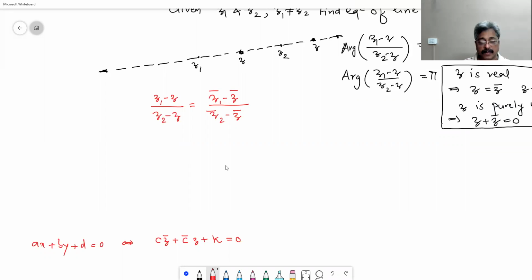If I really want to simplify this, let me do it a little wisely. I want the coefficient of z bar, then the coefficient of z, and then the remaining quantity.